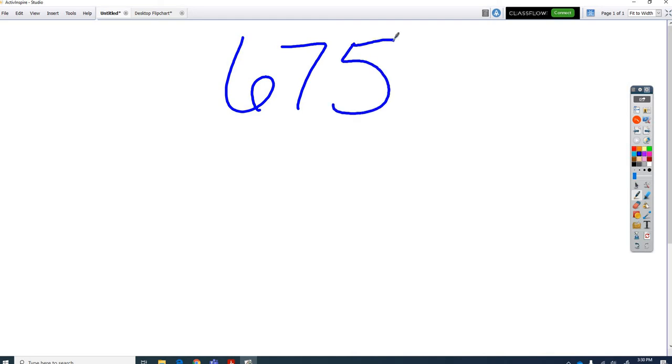675. Let's just work on expanded form on this one, because I know that we can do quick pictures, and I know that we can do written form. This is standard form. Let's do the expanded. Okay, 675. We have to look at the hundreds there, and there's 600. If I have 6 hundreds, do I just have 6 little bitty blocks?